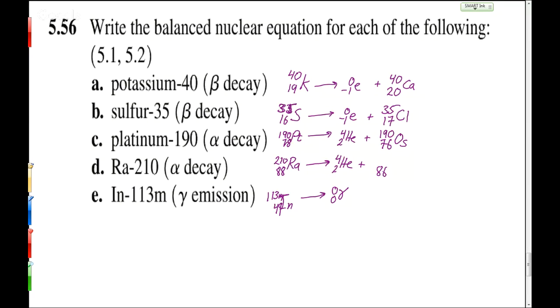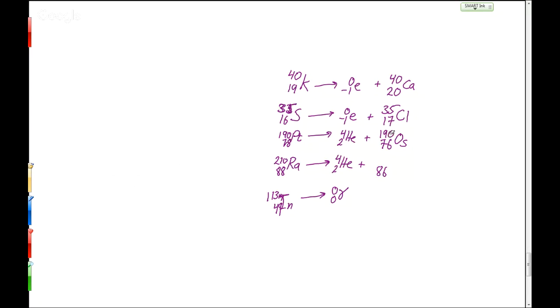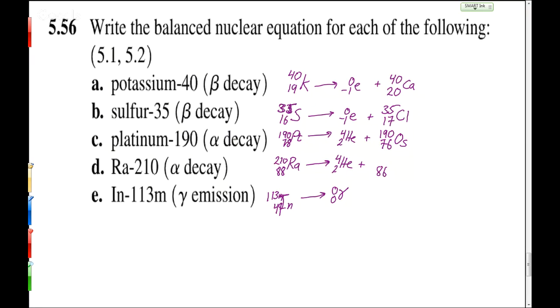Whoops, not 190 though, sorry. We're going to just have to put here, 186. This one minus 4, that's going to be 106. And that is radon. And then the gamma ray doesn't change the numbers at all. We just take off the M. And we still have indium. Indium 113.